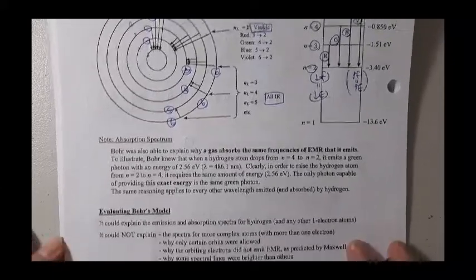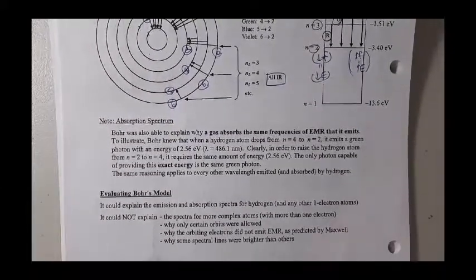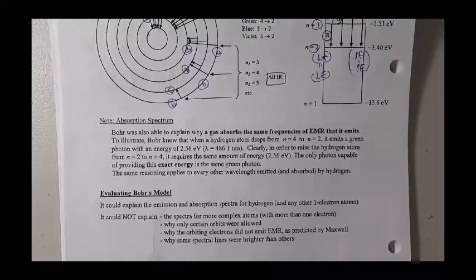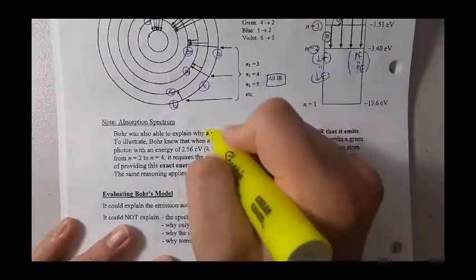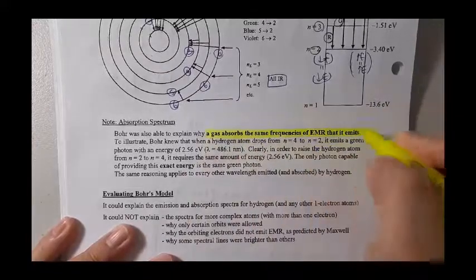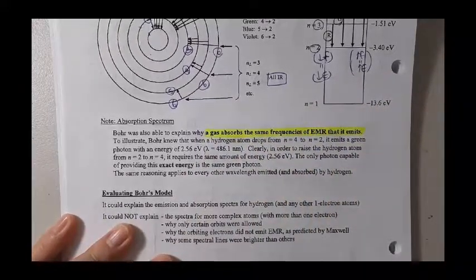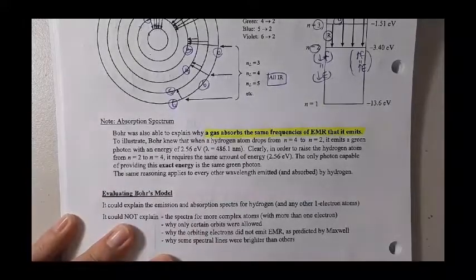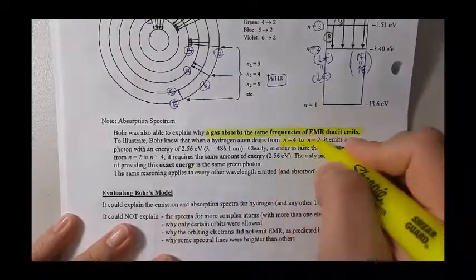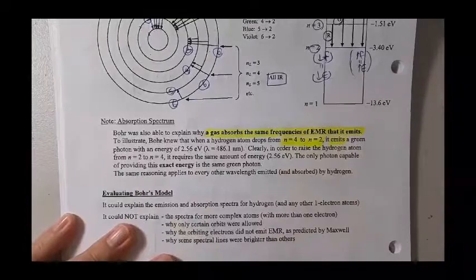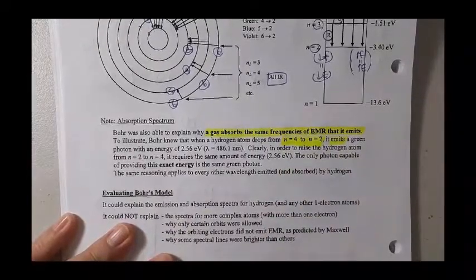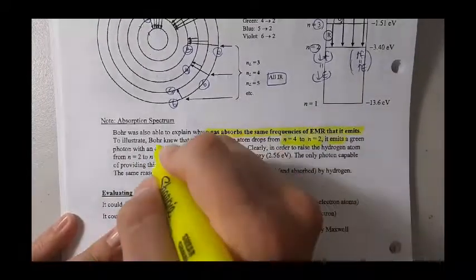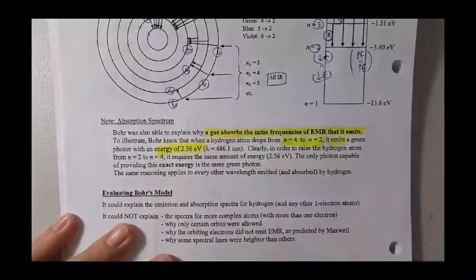So during that spectra, he was able to explain why a gas excites and absorbs the same frequency of EMR that it emits. He did the same experiment with the absorption spectrum. And Bohr knew that a hydrogen atom drops from a certain level to another level. If it's upper to lower, it basically emits light with a certain energy all the time, which is shown as 2.56 electron volts in this case.